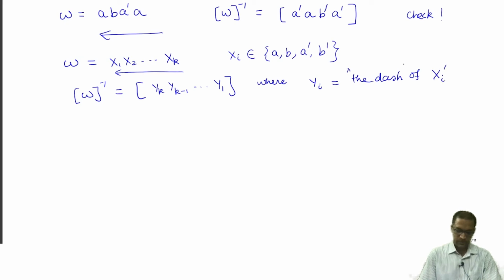Okay, so just being a bit loose here, but you know what I mean. Each xi, if it's an A, then yi is A dash. If it's A dash, then it is an A.